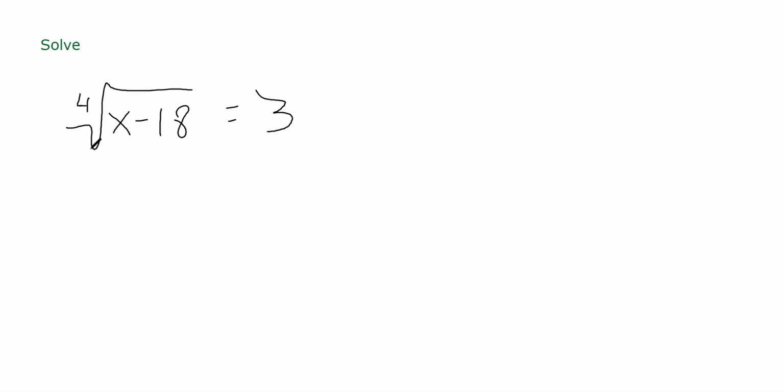So what we can see is because we're taking a fourth root, you might recall that the fourth root can be written as that expression raised to a 1/4 power. So all I've done is rewrite the equation. I haven't done anything closer to solving it.